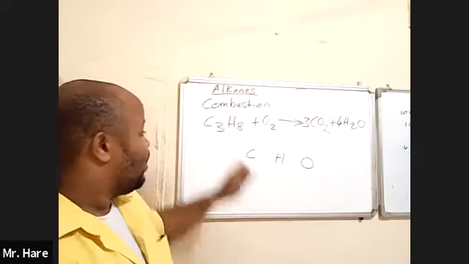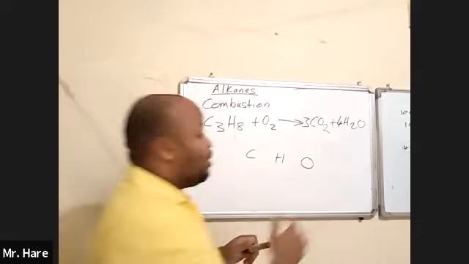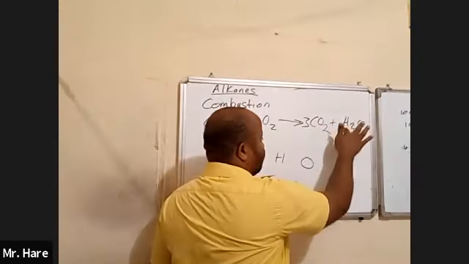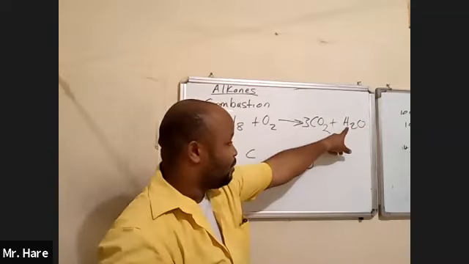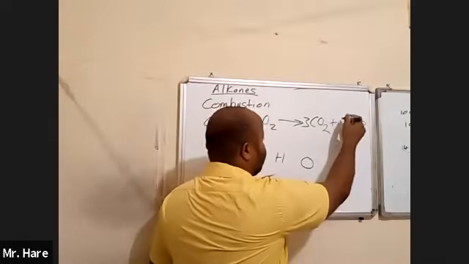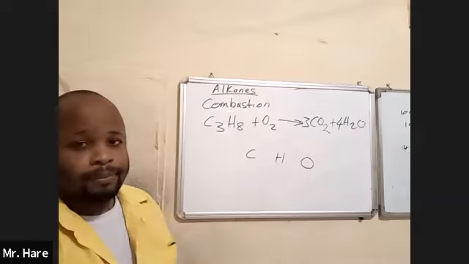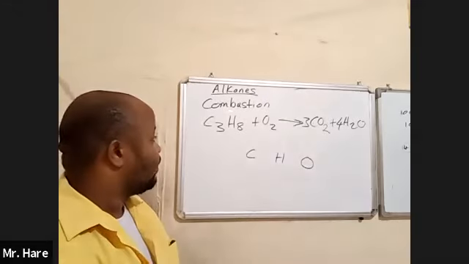Next, we have 8 hydrogen in the hydrocarbon. We only have 2 hydrogens here. So to balance the equation, I have to put 4. 4 twos is 8. All right.